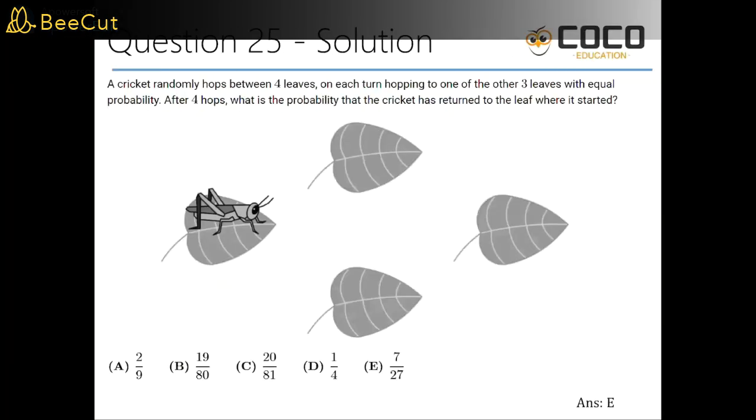Question 25. Let's label these 4 leaves A, B, C, D. They say after 4 hops, what's the probability the cricket has returned to the starting position? So we check the total number of cases.